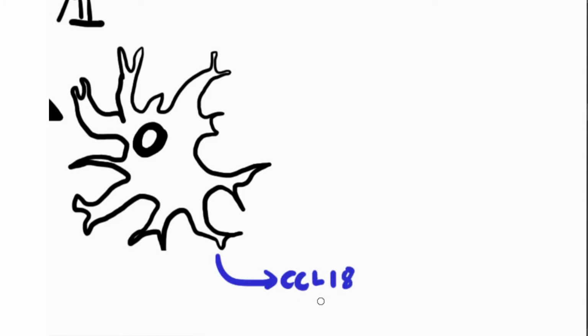And what CCL18 is going to do is, as with the CCL21 before, provide a chemotactic gradient which attracts primarily naive T cells to the dendritic cell. So that's the cells that haven't really encountered antigens before.